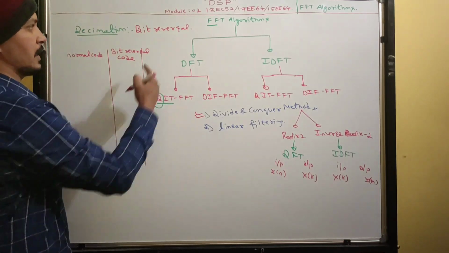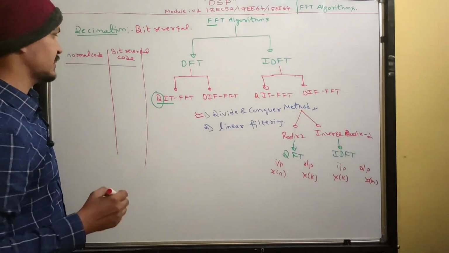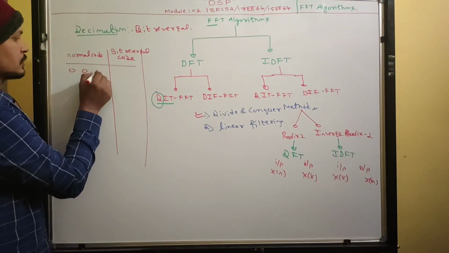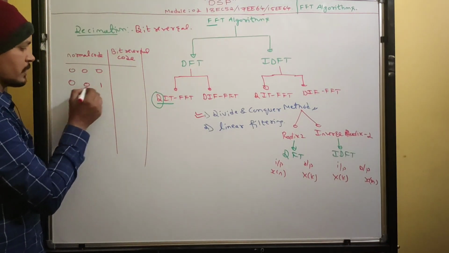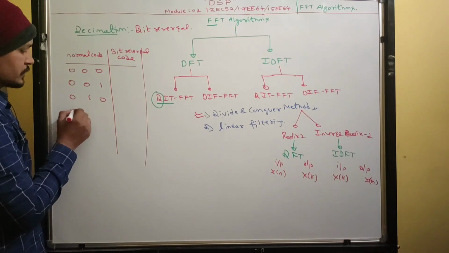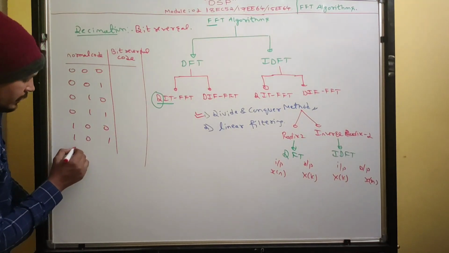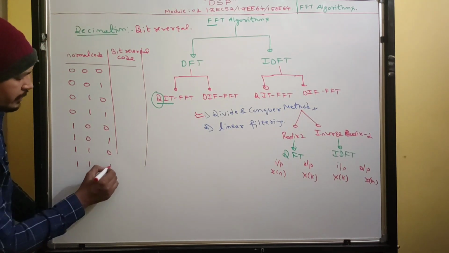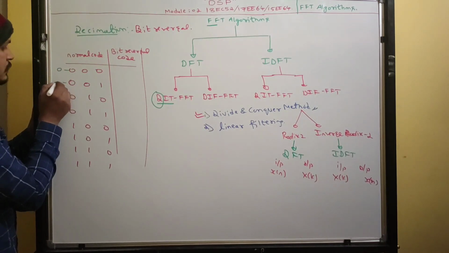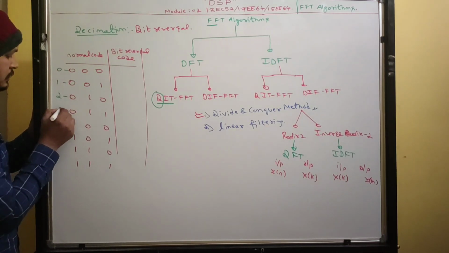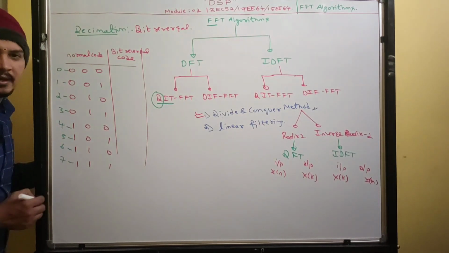For the numbers up to 8, as per the 8421 code, we write 000, 001, 010, 011, 100, 101, 110, 111. These actual normal numbers are 0, 1, 2, 3, 4, 5, 6 and 7.